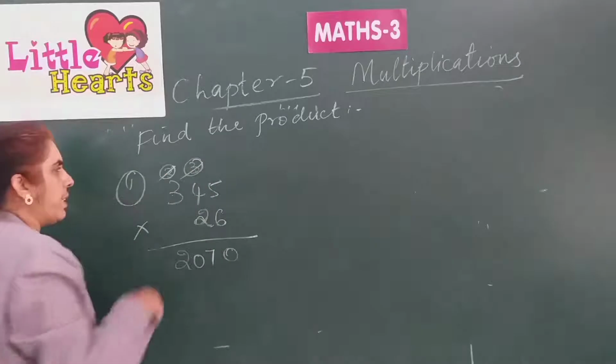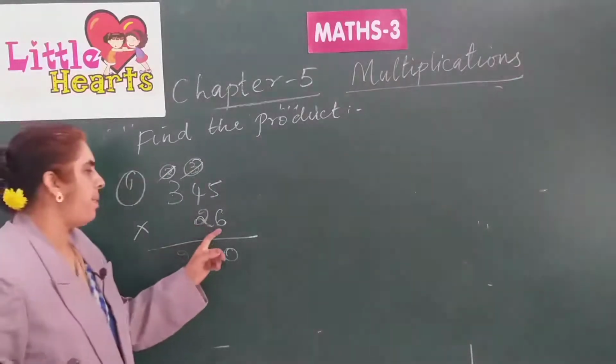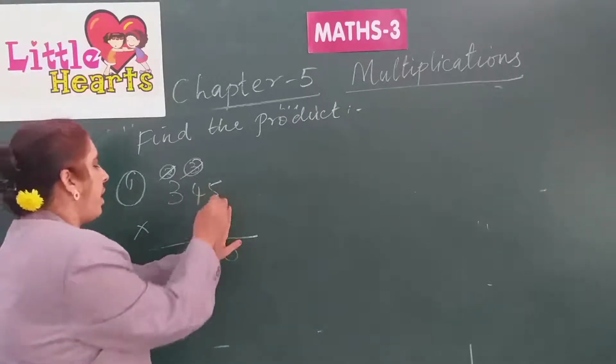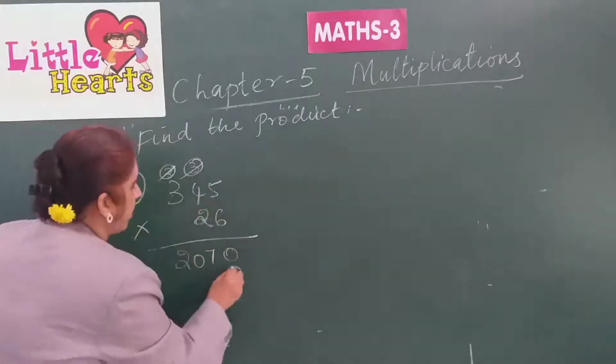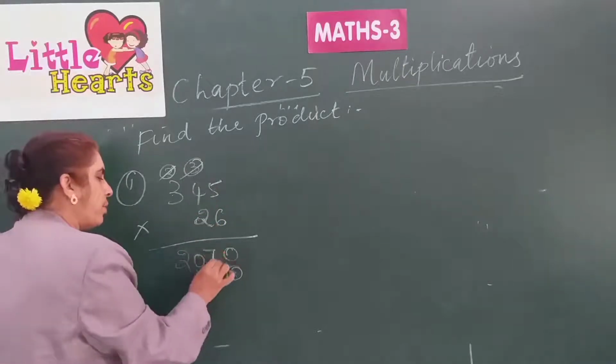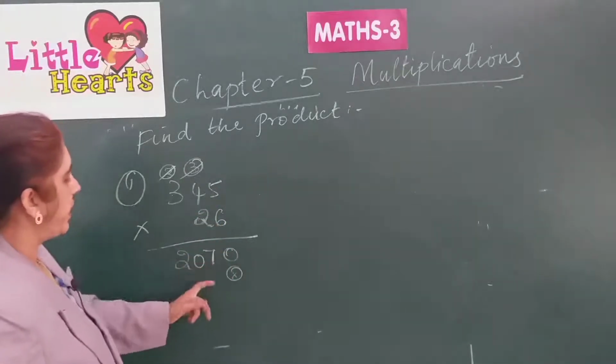We have added this, cancel. Now multiply 345 by the tens place digit 2. 2 5s are, start putting from the tens place only. When you multiply with the tens place digit, you have to start putting the product from the tens place.